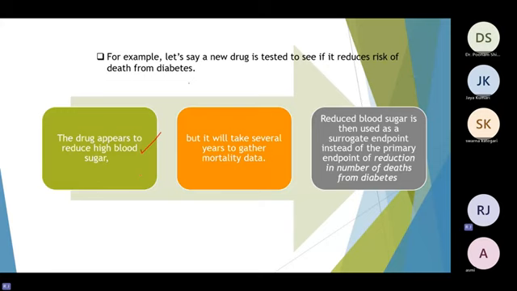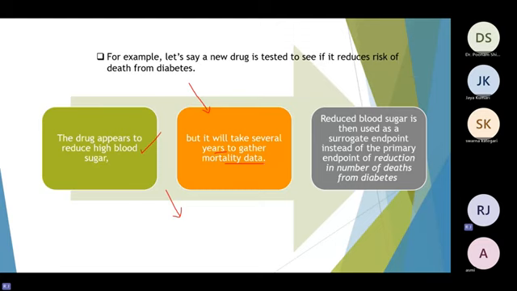But to check whether our drug is going to reduce mortality or not, it will take years, right? We have to see how many subjects are alive and how many subjects died. It will take years to know. We cannot have that primary objective, and we cannot have that primary endpoint.